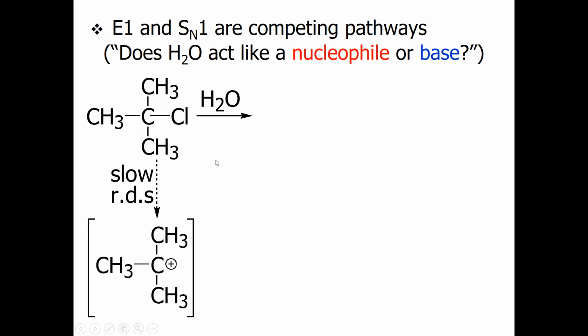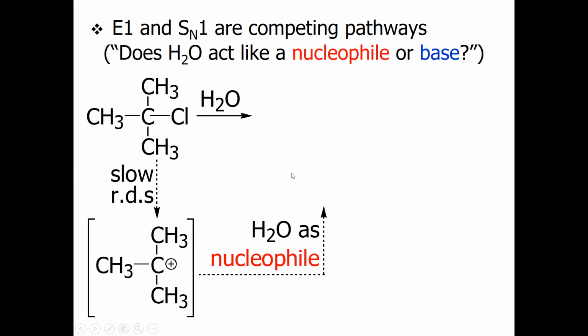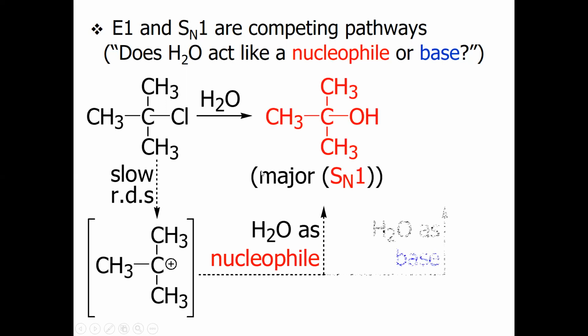So what happens? We already know that tertiary alkyl halide generally favors the formation of the carbocation. Now if the water molecule is acting as a nucleophile, this will result in the substitution reaction, in this way. So water is a good nucleophile rather than a base, which basically gives you the substituted product.